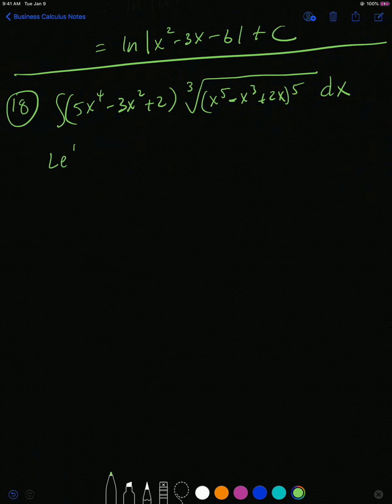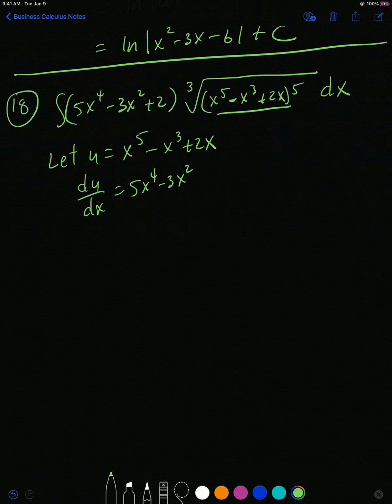So we're going to let u be the inside function, x to the 5 minus x cubed plus 2x. Hopefully you can get accustomed to what the inside function is. du/dx is 5x to the 4 minus 3x squared plus 2, to no one's surprise, exactly this right here, so they will cancel out. These two switch places: du divided by 5x to the 4 minus 3x squared plus 2 equals dx.